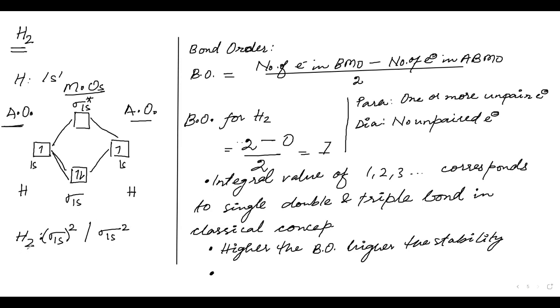In this H2 molecule, how many unpaired electrons are there? None, so it will be diamagnetic.